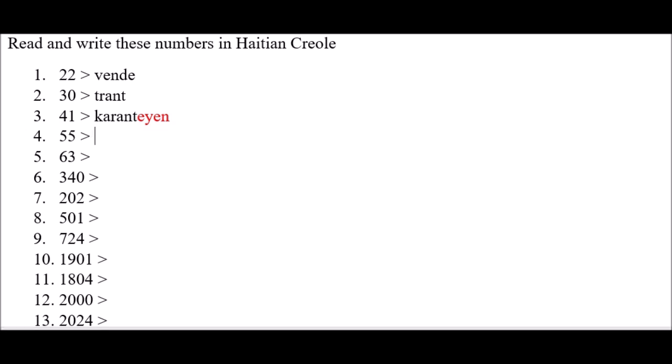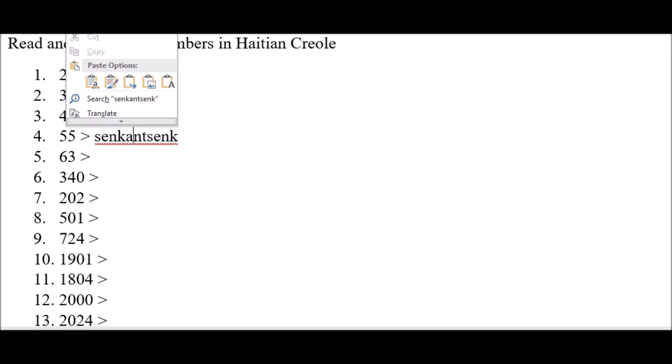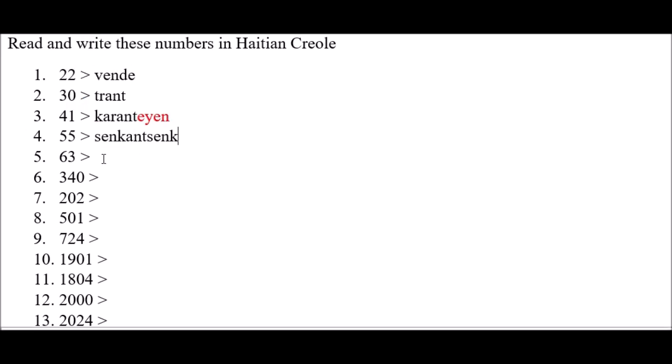What is this number? It's 55. 50, and then 55. That's how to write 55 in Haitian Creole. Now we have 63. 60, and then 3, 63.